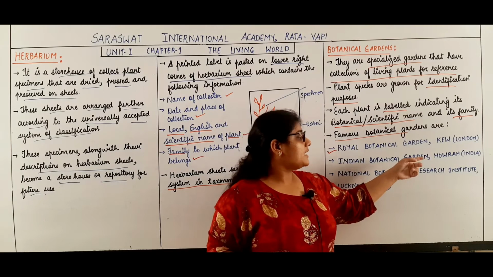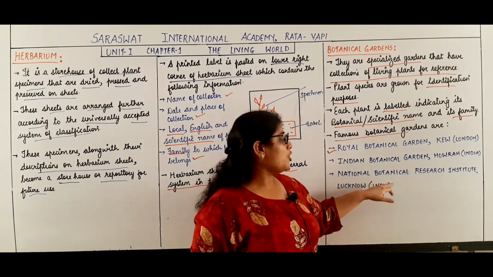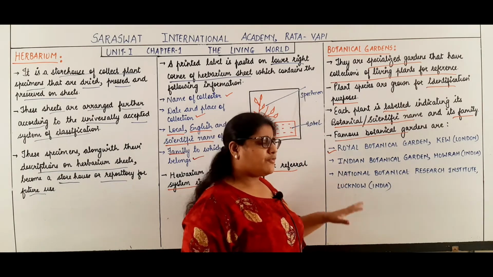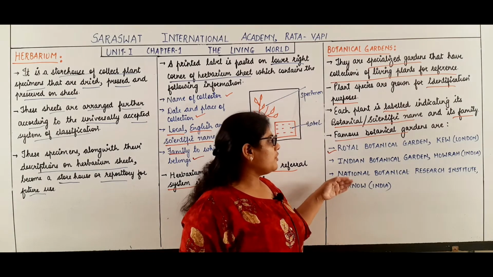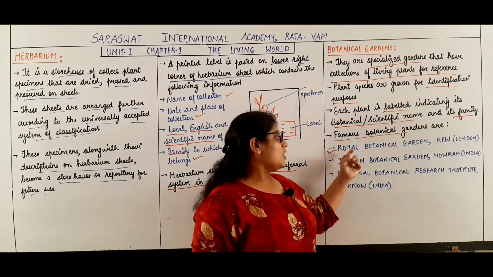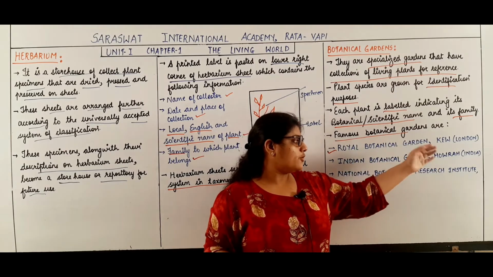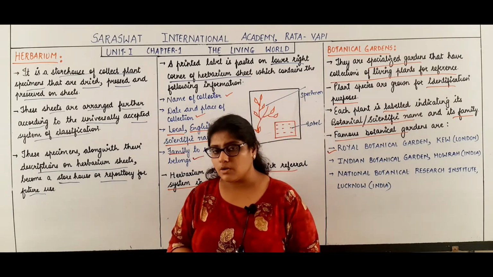Indian Botanical Garden in Howrah, Kolkata, India. And National Botanical Research Institute in Lucknow, India. Apart from this, there are many botanical gardens, but these are a few of the famous botanical gardens.